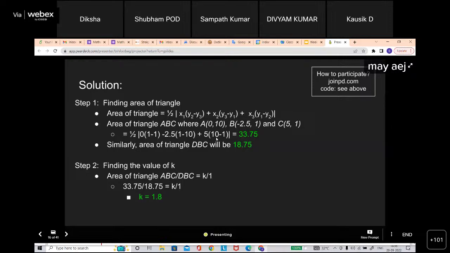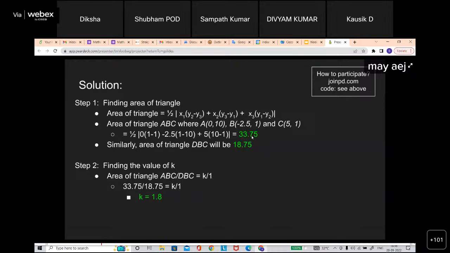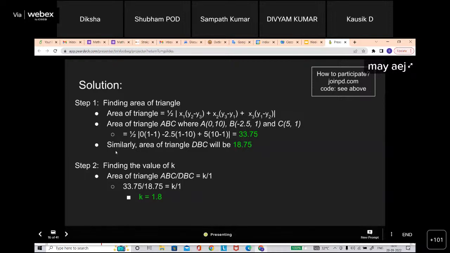You can substitute here and we'll get 33.75. The area of the bigger triangle is going to be 33.75. Similarly, the area of the smaller triangle is 80.75. Now the value of k is going to be ABC over the smaller one. When you calculate this, this is going to be 1.8.